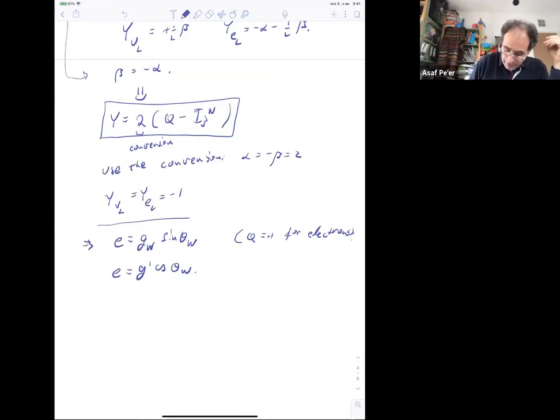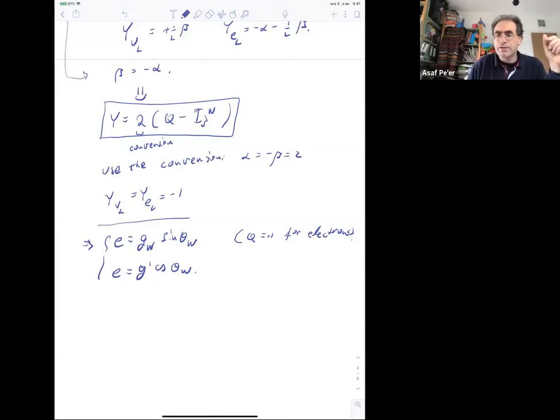So we managed to get a self-consistent relation within this framework of this unified electroweak model, of the electroweak interaction, right? We can express the pure electromagnetic interaction and the weak interaction in terms of these couplings, presumably basic coupling, right?